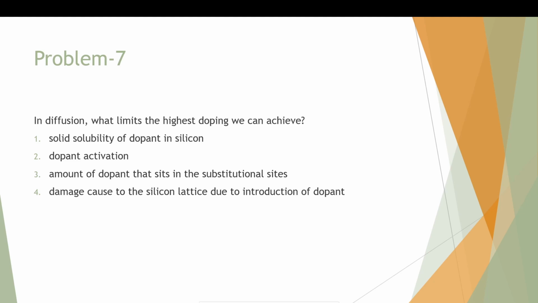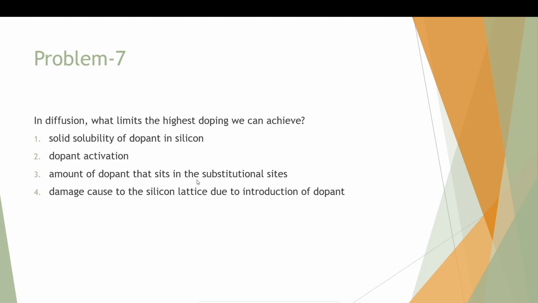However, if I am doing arsenic diffusion, arsenic might not sit at the right sites, or it might not contribute to the dopant energy levels very well in silicon. So based on the choice of dopant and the bulk, it will decide which dopants are active. It might happen that you have diffused a lot of material, but not all of it is active. So that is the second limiting factor. So these two are the correct options here.